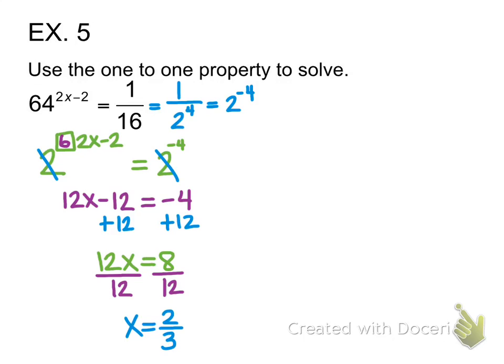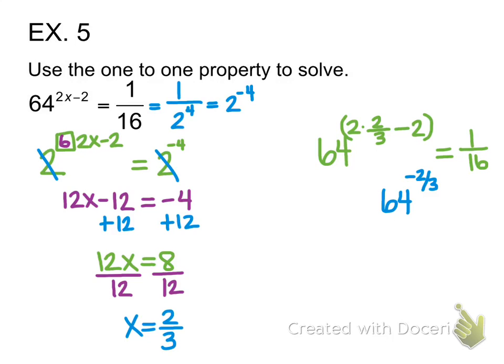Okay, so I need to check my work. So I want to see, is 16 raised to the 2 times 2/3 minus 2 equal to 1 over 16? So in my calculator, I can type 2 times 2/3 minus 2.